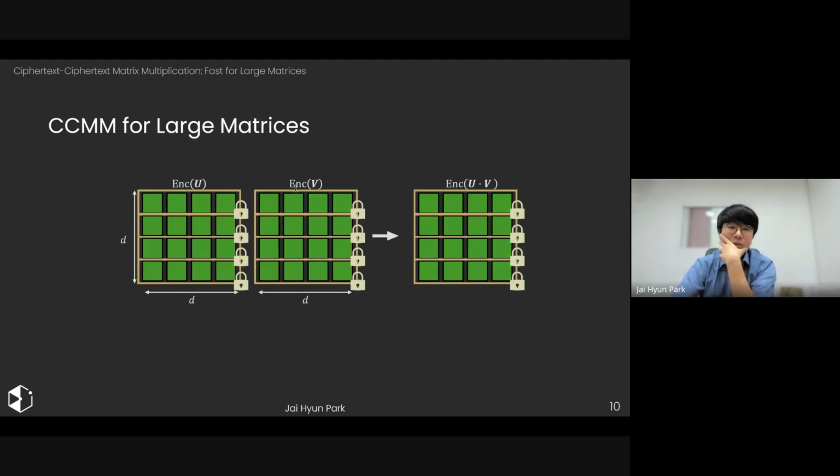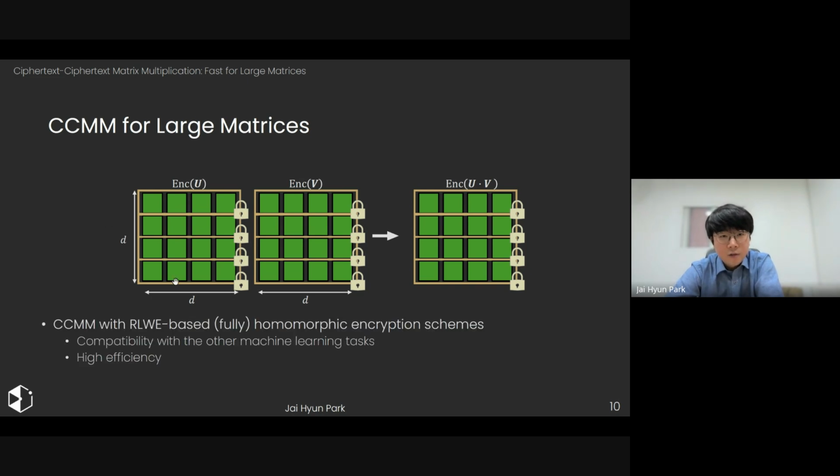Okay, then how about CCMM? In this talk and in this work, I focused on the easiest case, where D is exactly equal to the ring dimension n of the ciphertext. And I also want to focus on the CKKS scheme, or generally RLWE-based schemes.